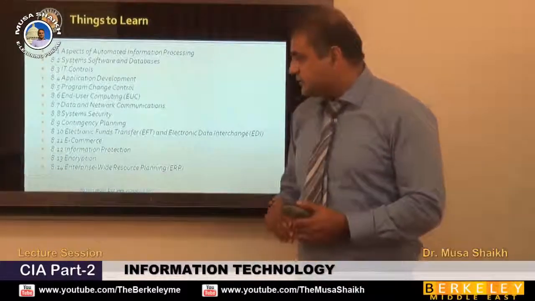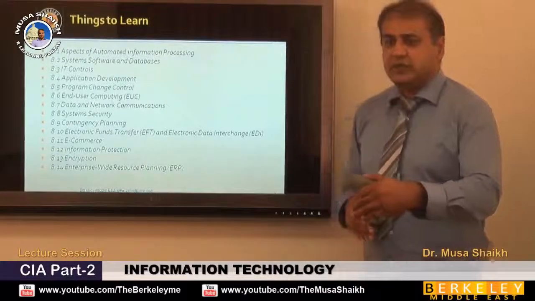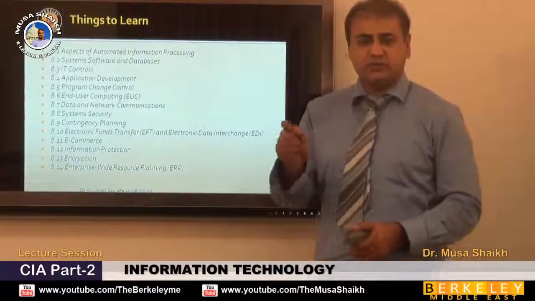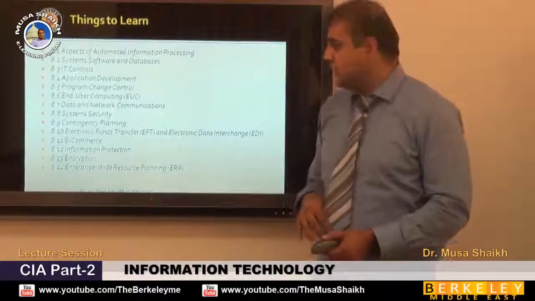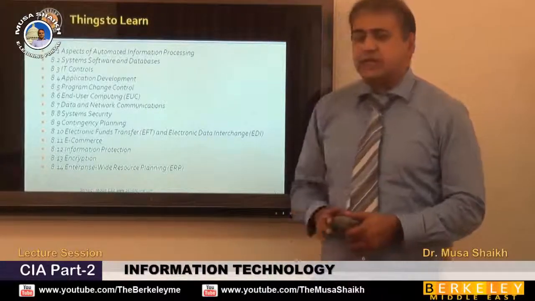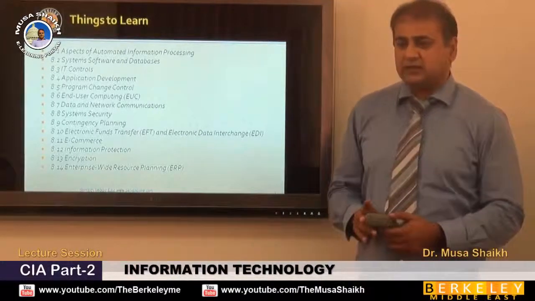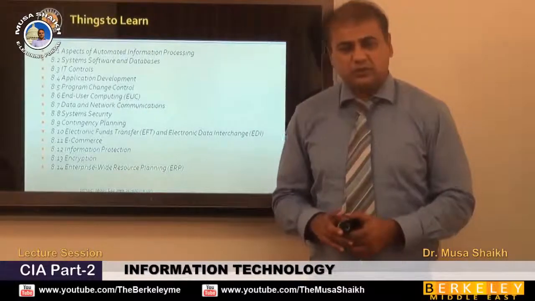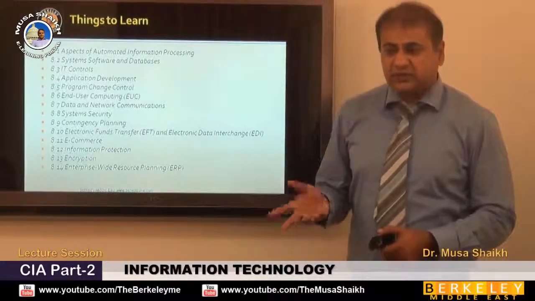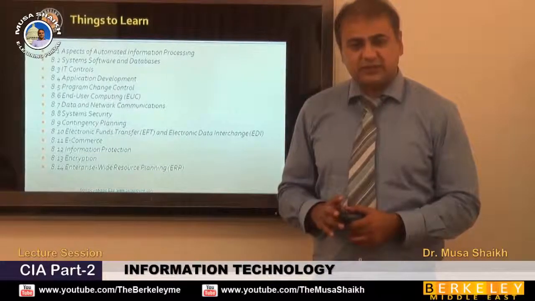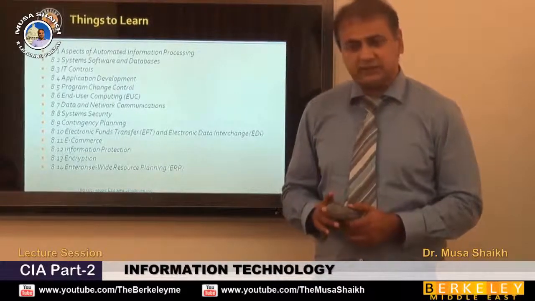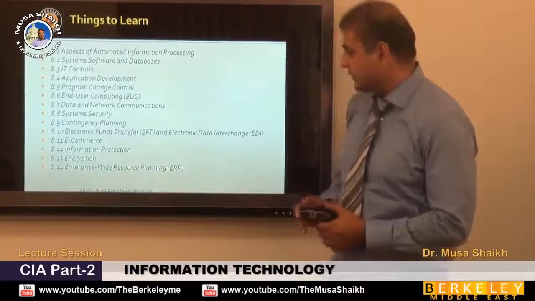Then system security, physical security, in the sense that you have a server room, and no one can go inside without authorization. And contingency planning is, suppose today someone hacked Google, what is the situational plan, how will they continue their business continuity, BCM, business continuity management.